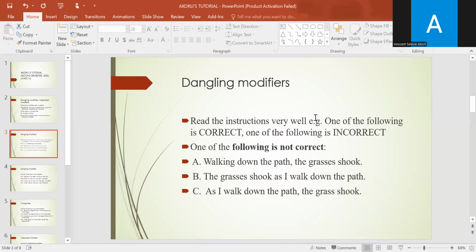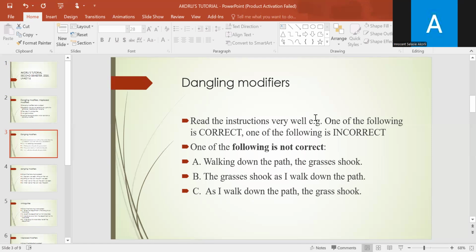Is the instruction saying one of these sentences is correct, or one of these sentences is not correct? If you fail to read the instructions well, you may answer the questions wrongly. Come out of the exam hall and be happy that you answered the questions, only for you to realize that you misread the instructions.